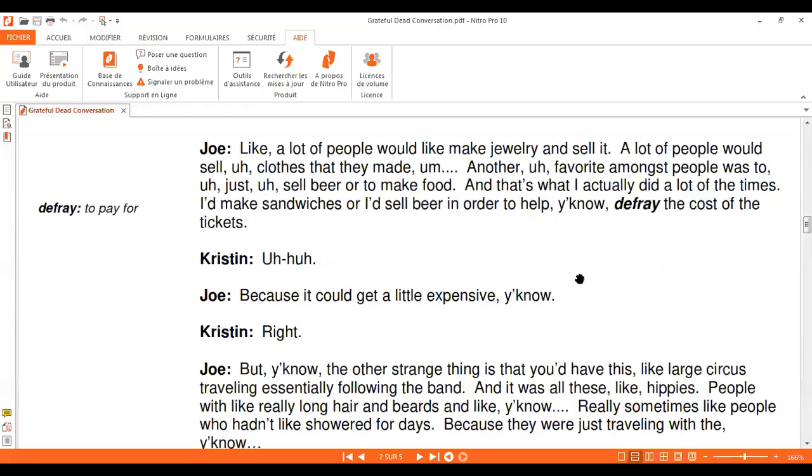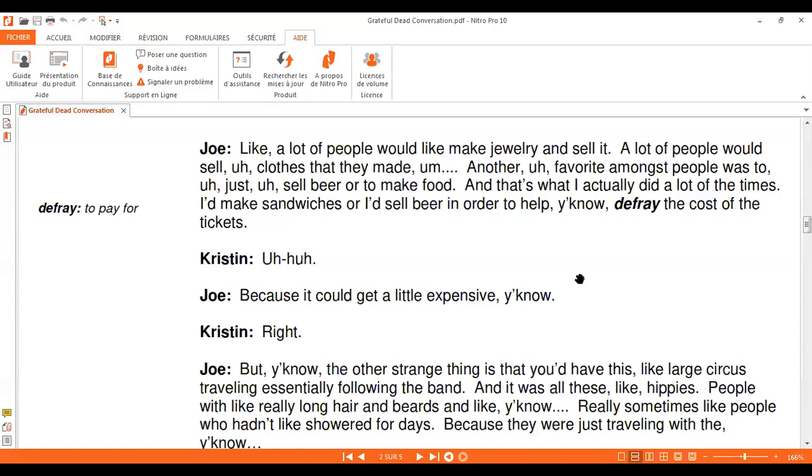Jewelry, yes, jewelry. A lot of people would make jewelry and sell it. A lot of people would sell clothes, and another favorite amongst people was to just sell beer or to make food, and that's what I actually did a lot of the times.